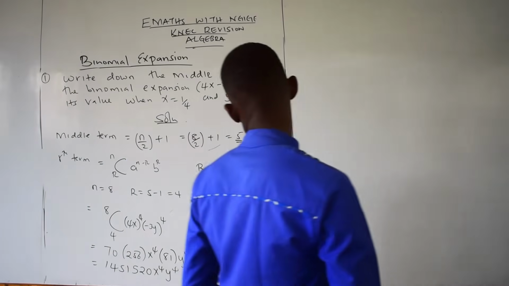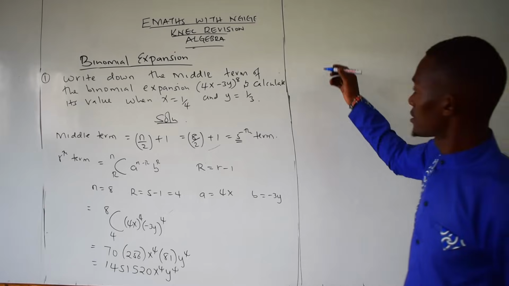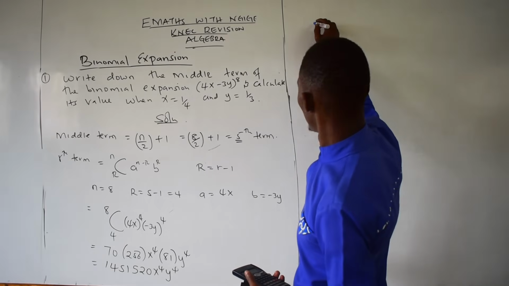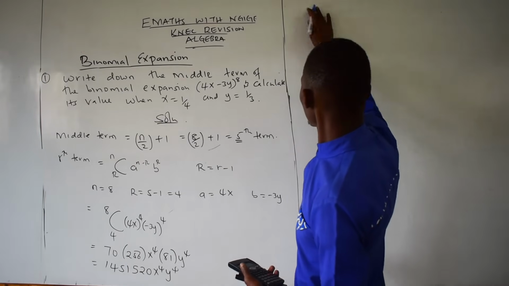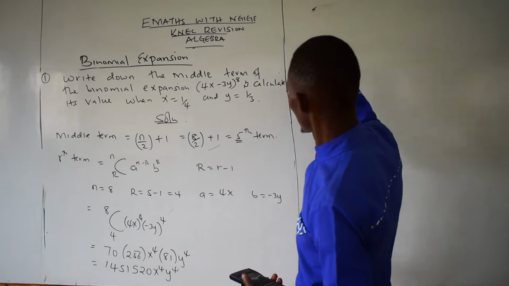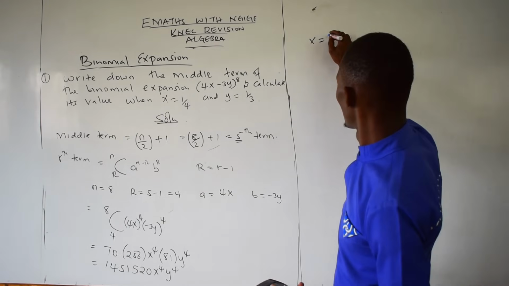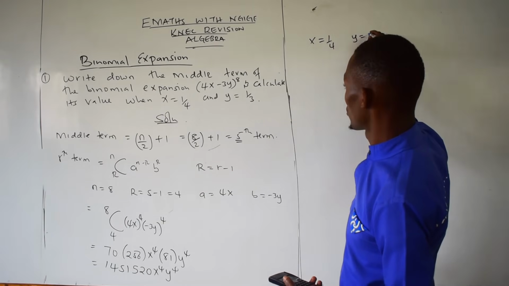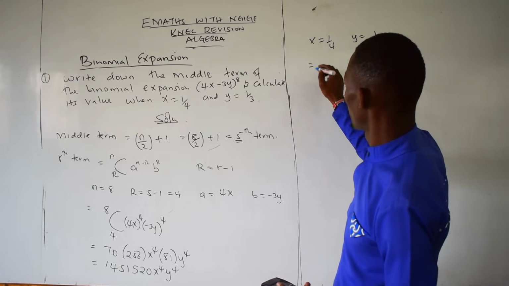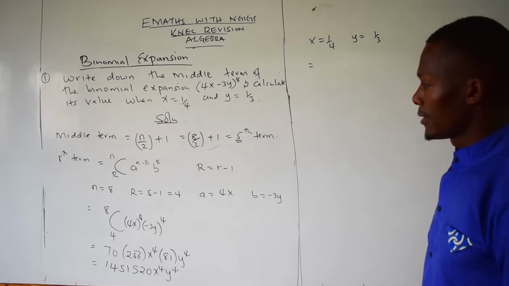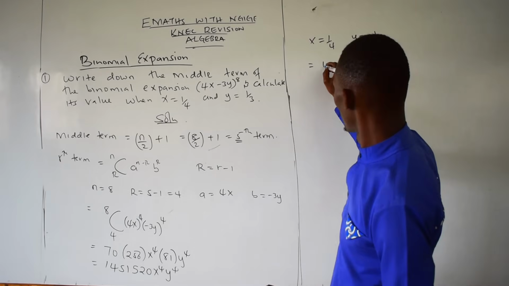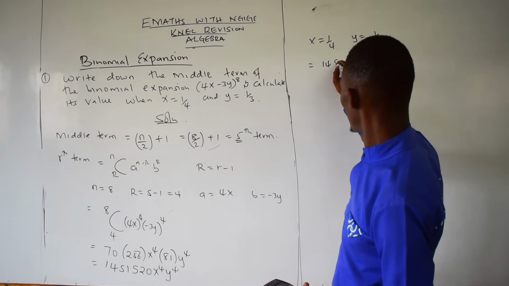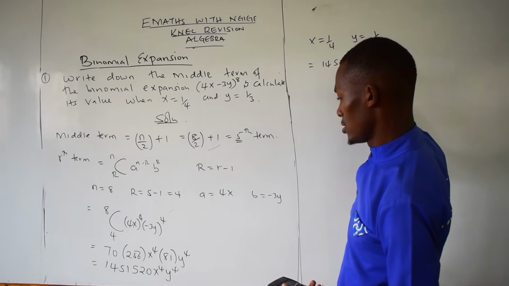Now replacing our values of x and y, we have x equals 1 over 4 and y equals 1 over 3. Therefore our term, that is the fifth term, will be given by 1451520.